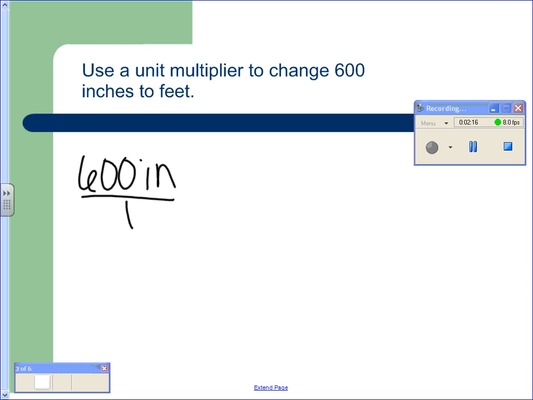You start by writing what they give you, 600 inches. Well, we need to go to feet. What do we know about inches? 12 inches for 1 foot. Do you agree?